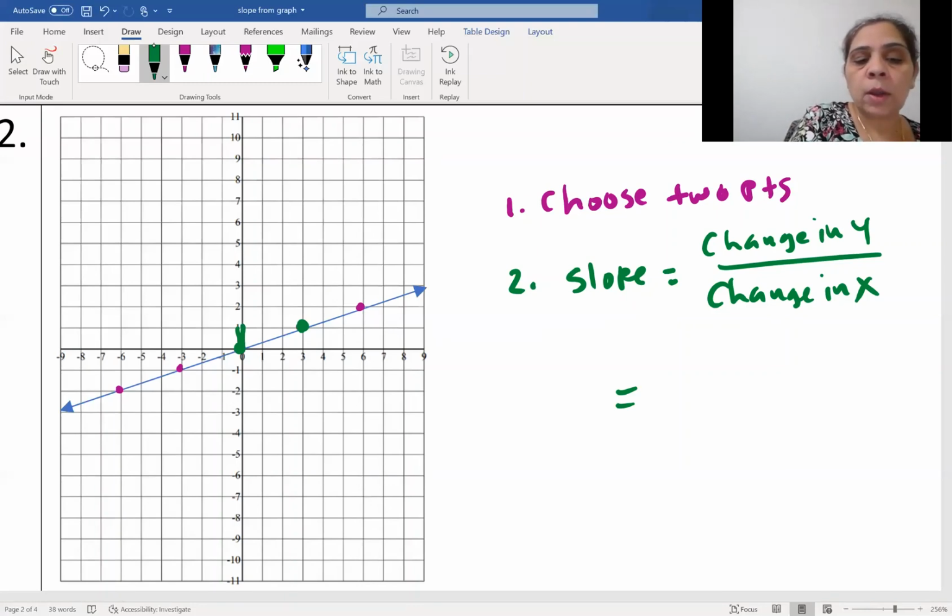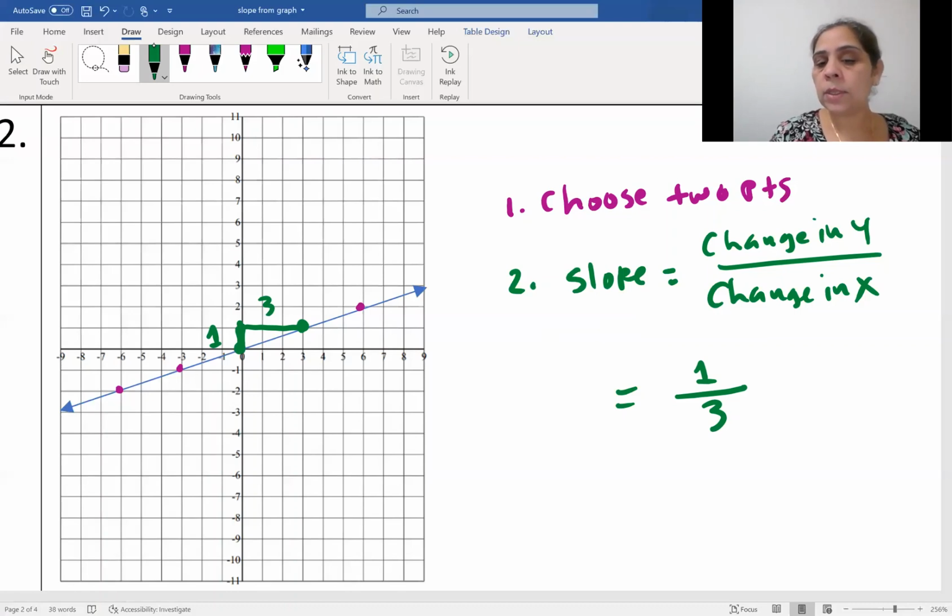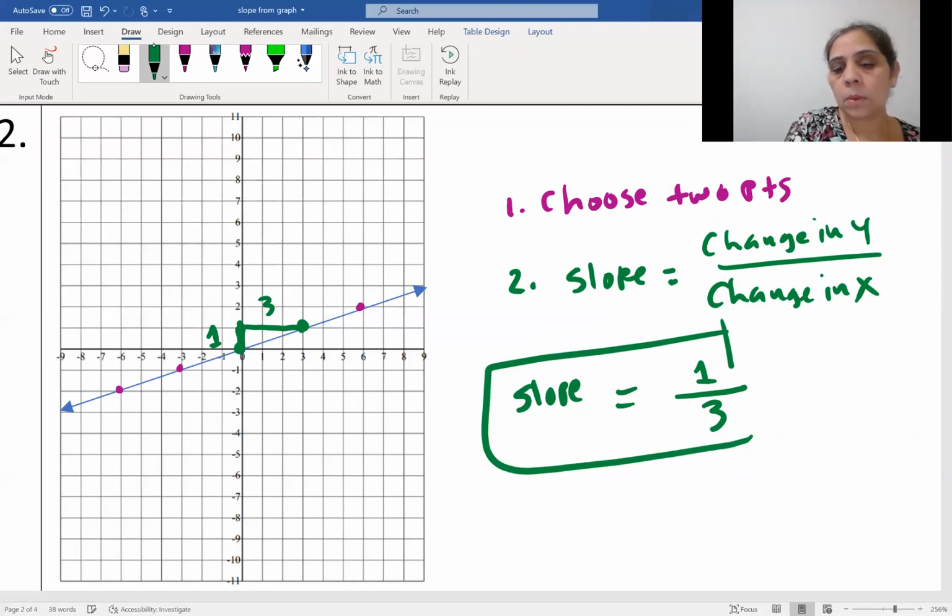So you are going up 1 unit. So you can say 1 here, and it's positive because it's going up. Now we are moving right hand side, so again we have positive, 3 units. So 3. That's how you find slope. Can we reduce this fraction? No. So that is your slope.